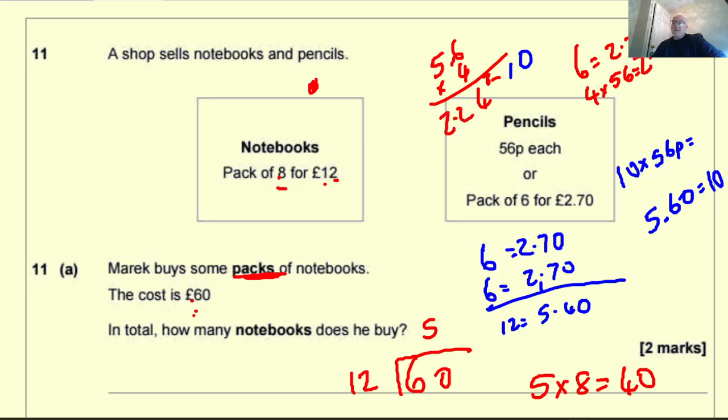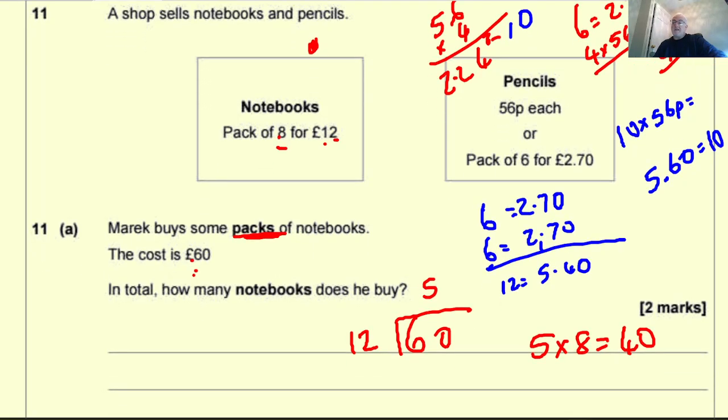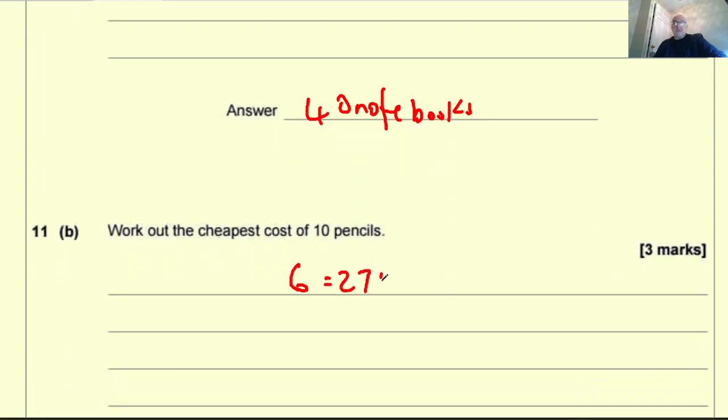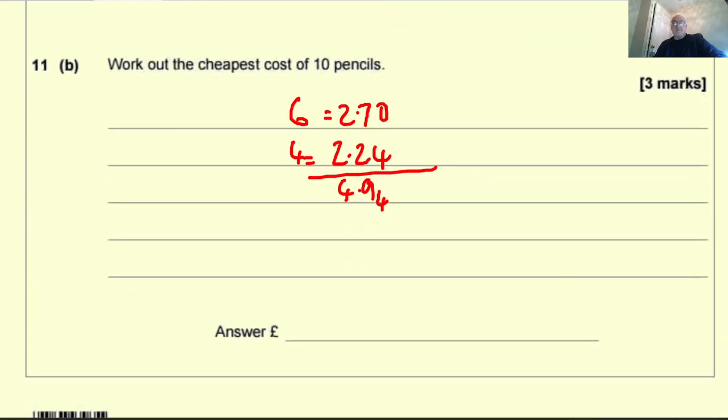So I'm going to add the £2.24 there. £4.94. Now, don't fall into the trap here where you're saying, well, I've got 2 extra pencils, so that's better value. This one wants to know what the question says: 6 pencils is £2.70, 4 pencils bought individually is £2.24, so that's going to give me £4.94, and that's the cheapest way of buying 10 pencils.